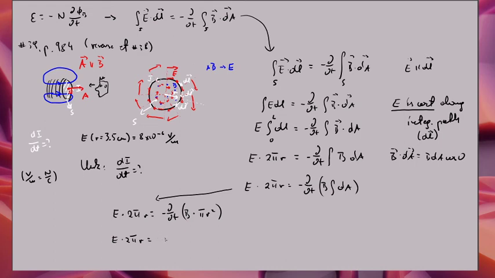And this whole thing becomes minus pi r squared d/dt. There's no need for partials anymore. And from here I'll move up. So pi goes away, r gets simplified a little. I have E times 2 equals minus r times dB/dt.